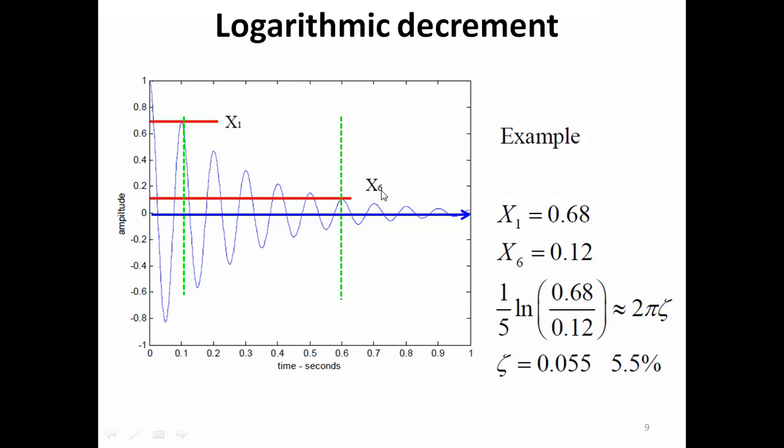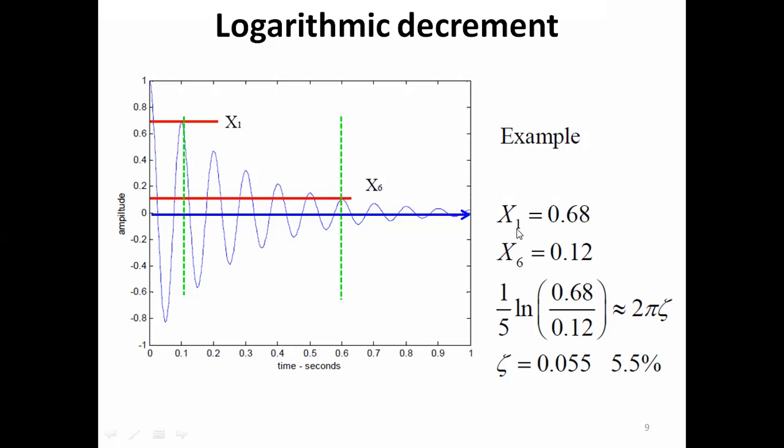So n plus 1 is 6, so x6. What you have to do is just measure the amplitude x1 and the amplitude x6 from the experimental plot.